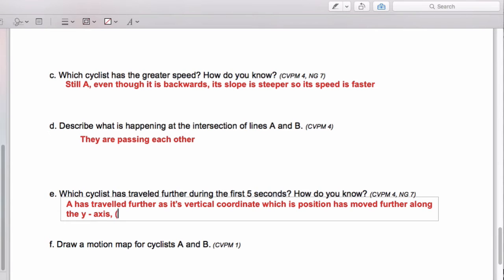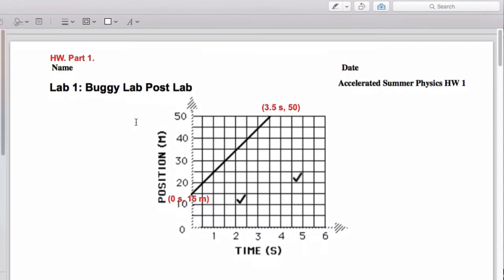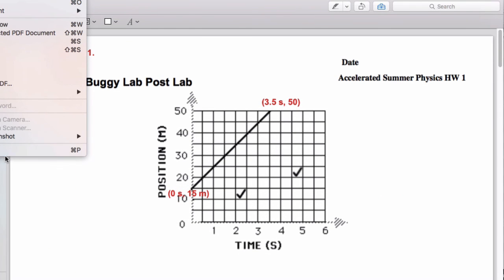If this explanation confuses you, just think of buggies and rulers. A slow buggy only moves a little on the ruler, like B, and a fast buggy moves a lot along the ruler, and that's like bicycle A. There we go. So that is the solution to the homework set, and I hope it's helpful.